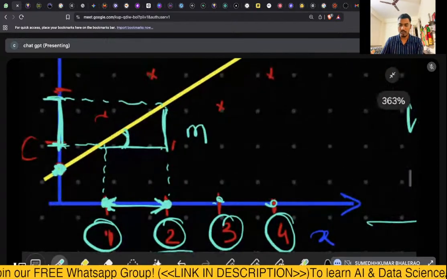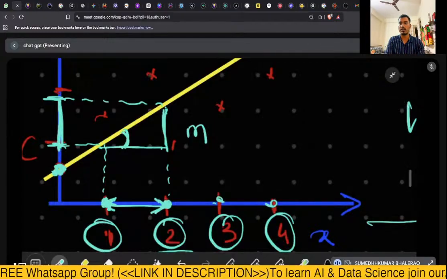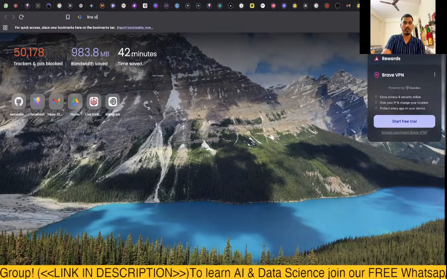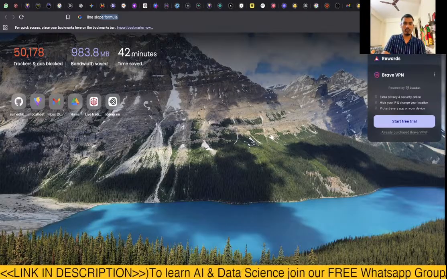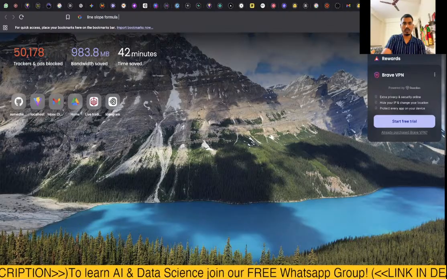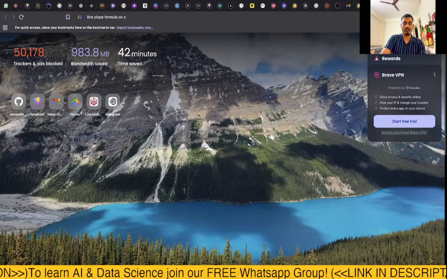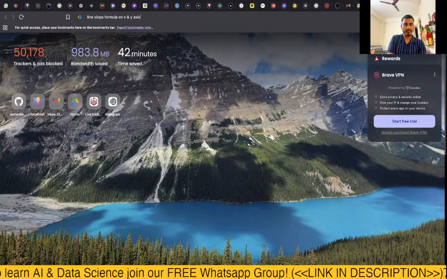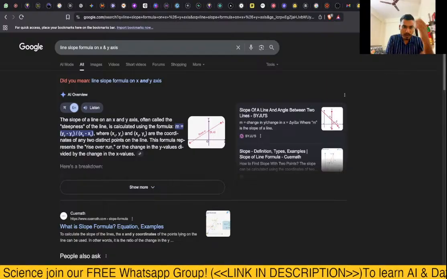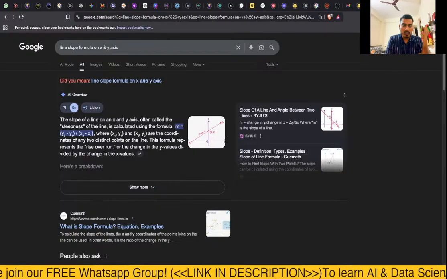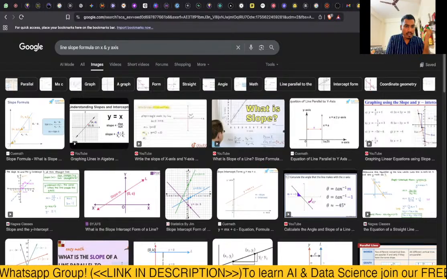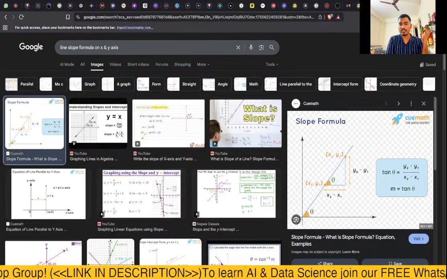Let me quickly look at the line slope formula on the x and y axis. Okay, you're not looking at my other screen. Yes, this is a different theta.